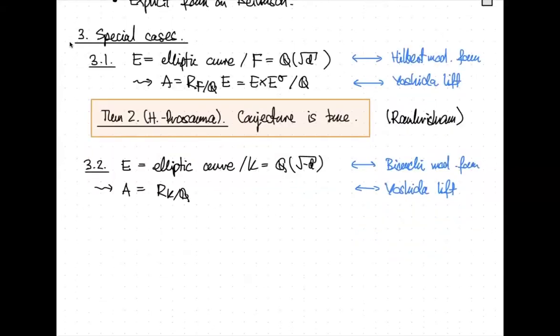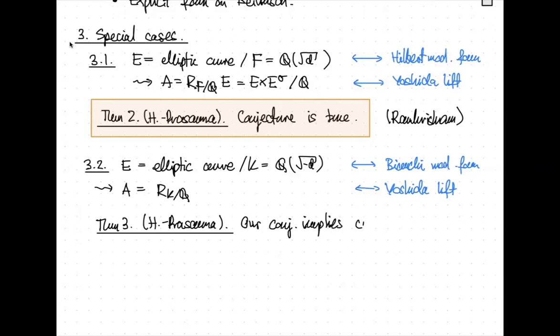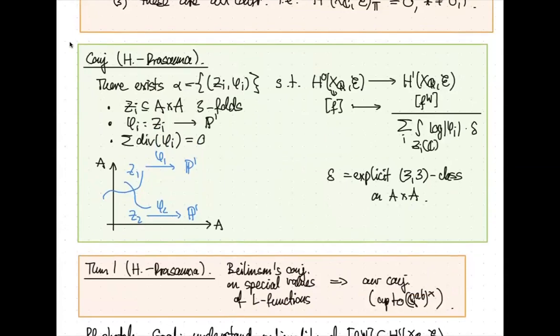And in this case, we can prove the following theorem. The way I'll state it is that our conjecture implies the conjecture of Prasanna and Venkatesh. In other words, the conjecture I stated before of Prasanna and Venkatesh is implied by the conjecture I stated.